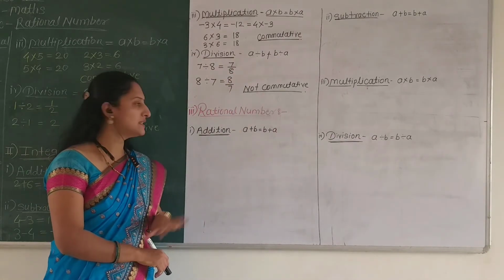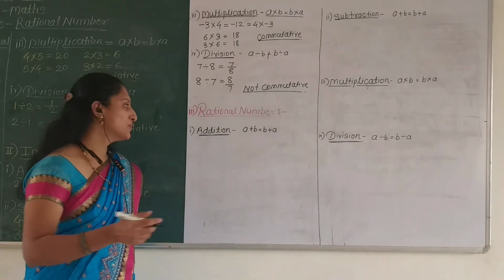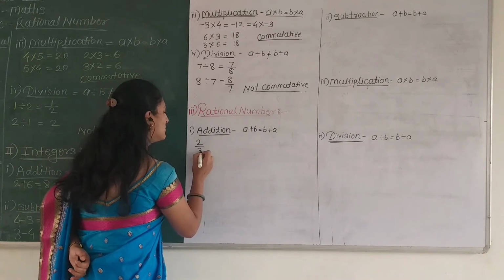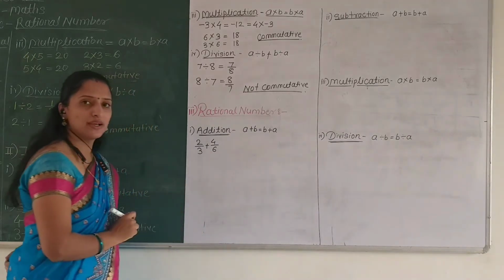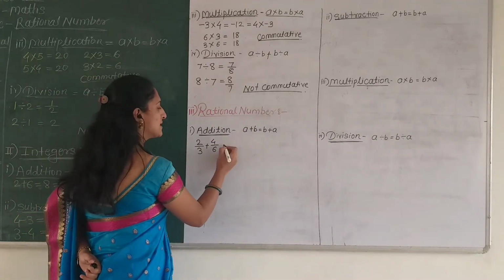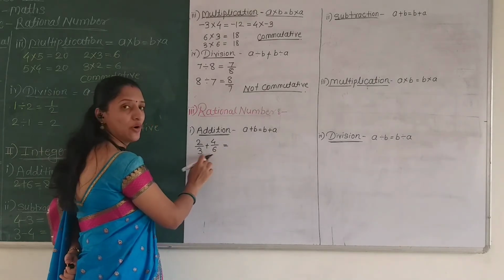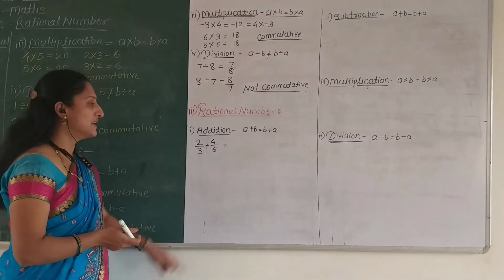So first start with addition. Okay. So let us take two rational numbers here. 2 upon 3 plus 4 upon 6. Now we have to add these two rational numbers. Now here denominators are different. So first we have to equalize the denominator.